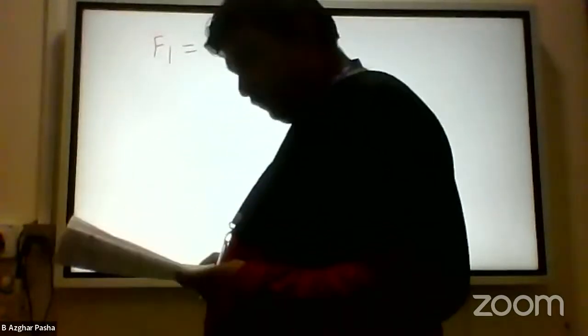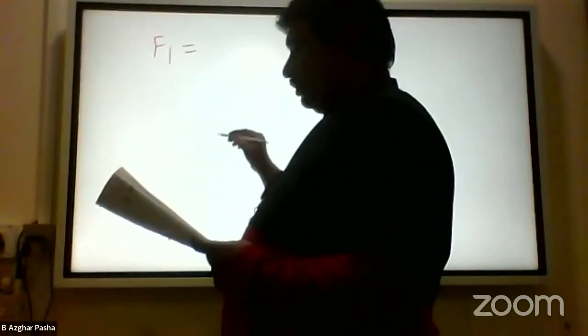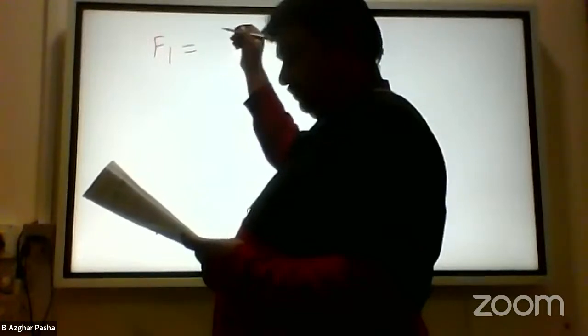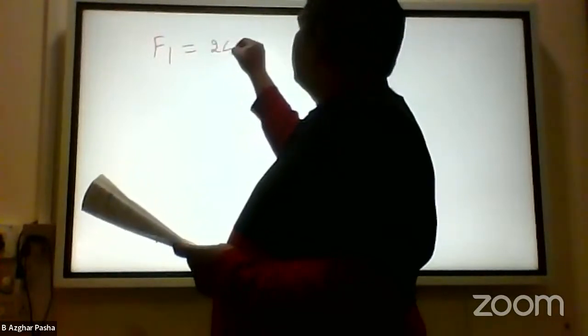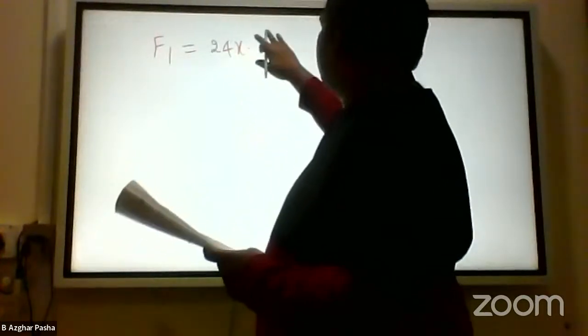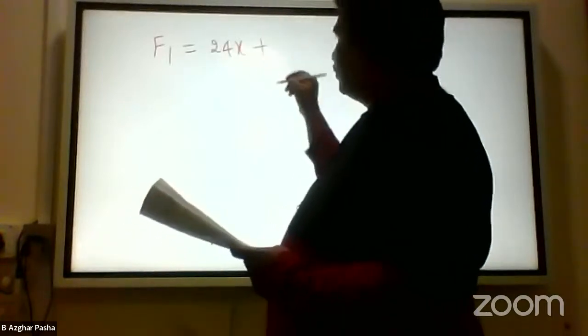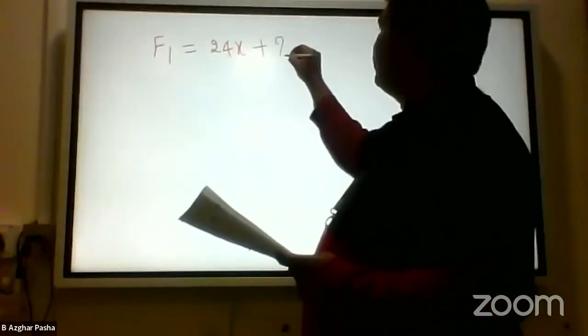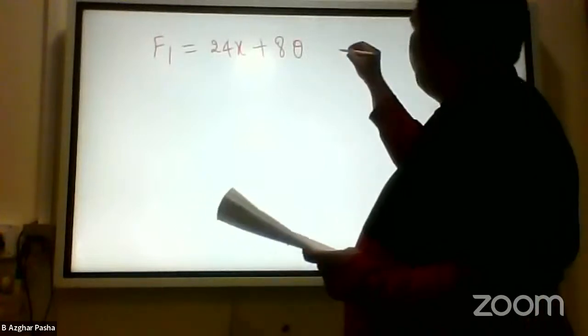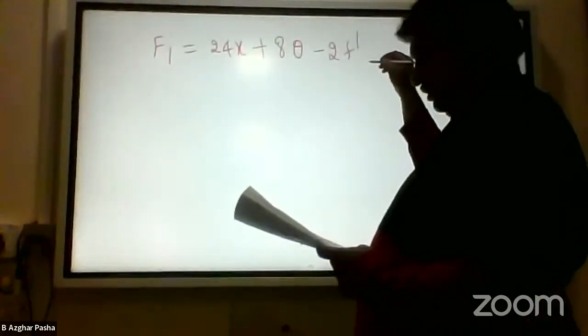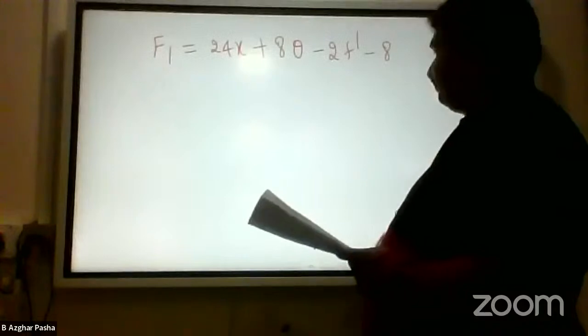F1 is equal to 24x plus 8 theta minus 2f dash minus 8.